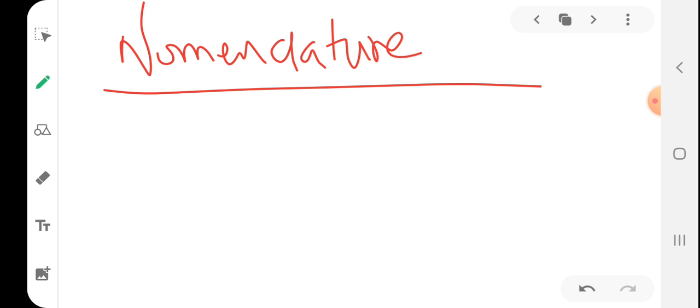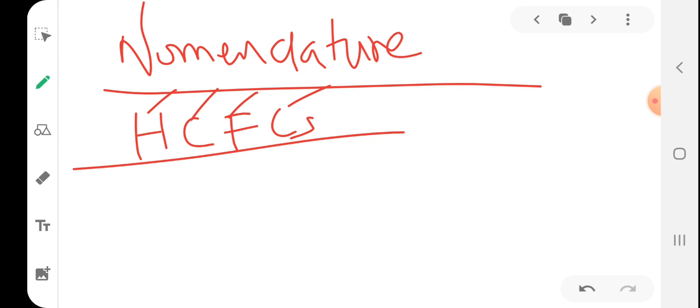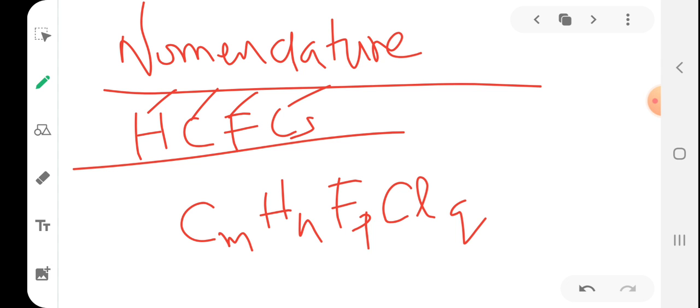Nomenclature of a refrigerant. Suppose we have a compound of CFC, HCFC. HCFC means it has atoms of hydrogen, chlorine, fluorine, and carbon. Suppose the compound is like this: C has m number of atoms, H has n number of atoms, fluorine has p number of atoms, and chlorine has q number of atoms.